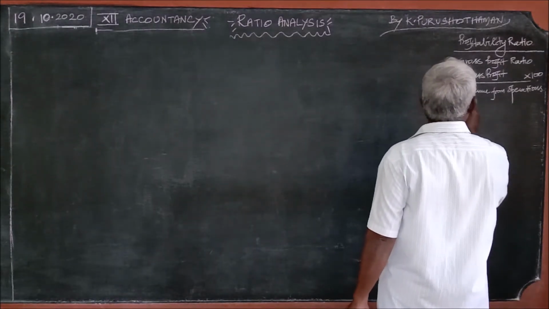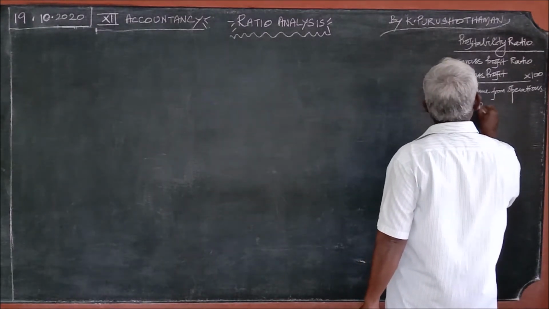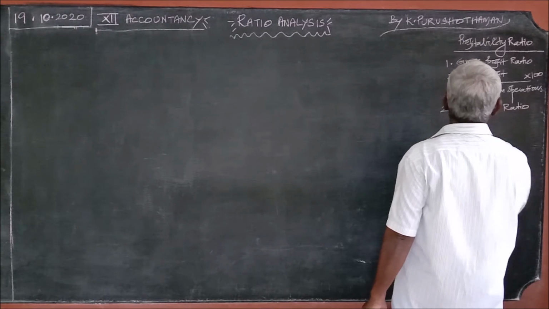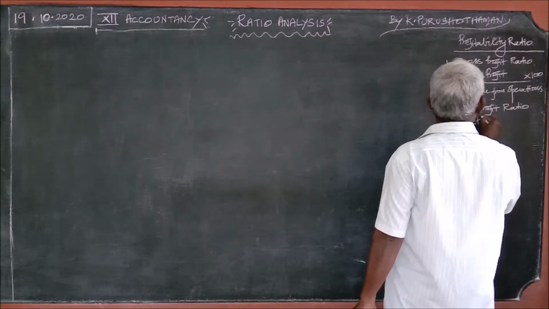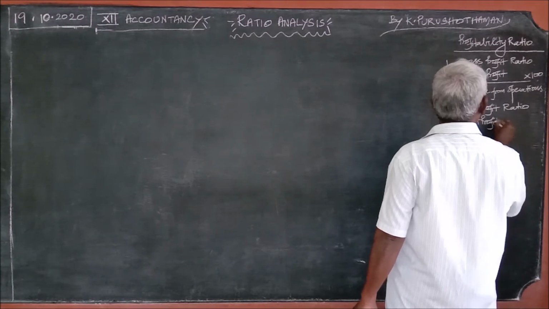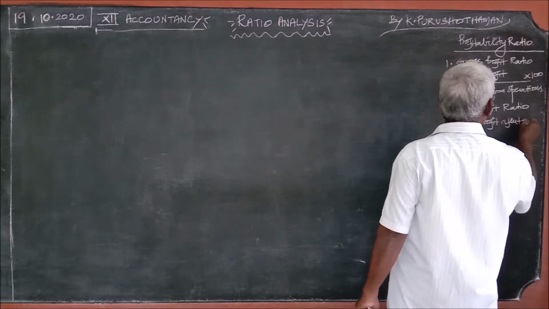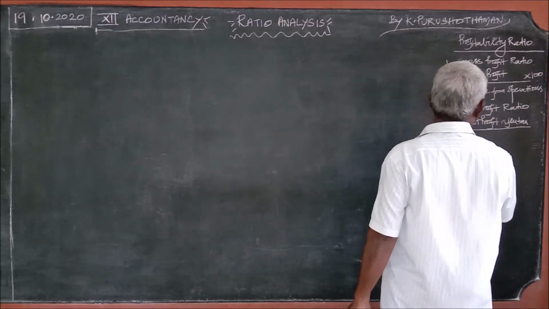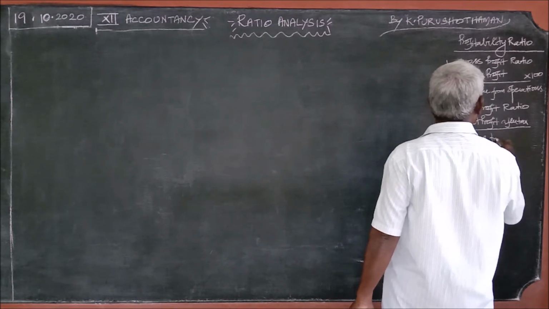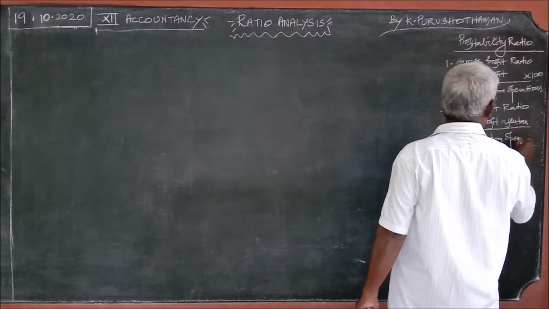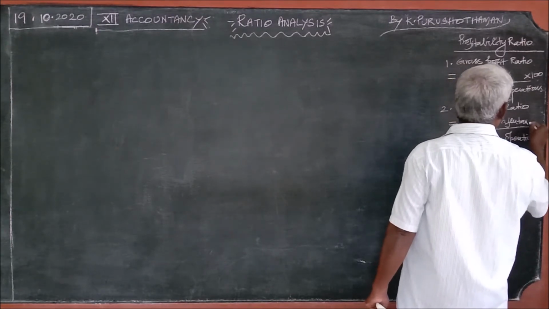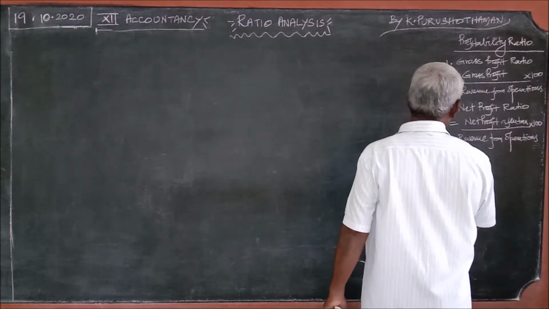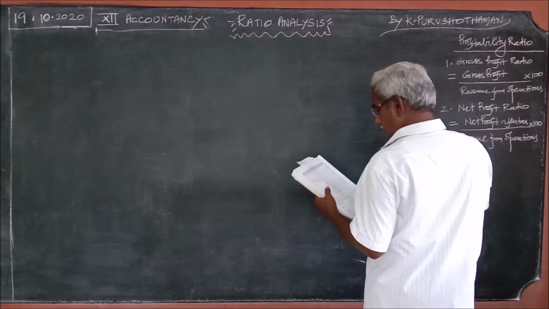Then second one, net profit ratio is equal to net profit after tax whole divided by revenue from operations into 100. The third ratio we are going to see is operating cost ratio.